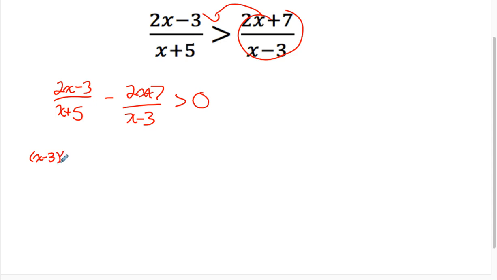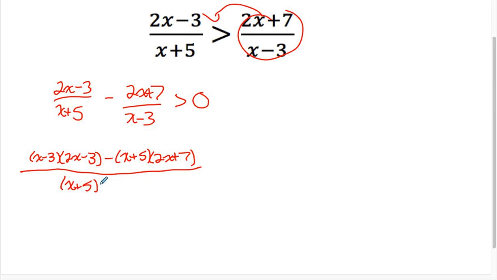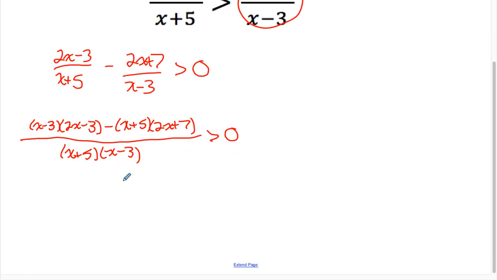So (x - 3)(2x - 3), minus, multiply this one top and bottom by x + 5, so (x + 5)(2x + 7), all over the common denominator we've created, which is the product of our two denominators, (x + 5)(x - 3). So we want to try and get this into as much a factored form as we can.